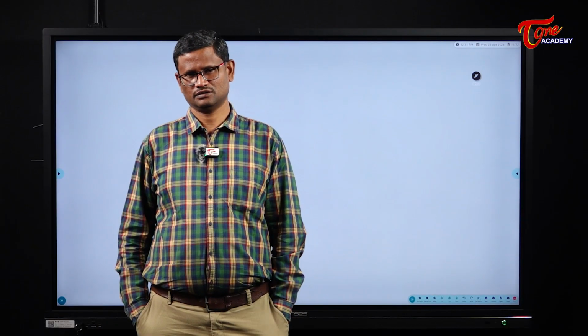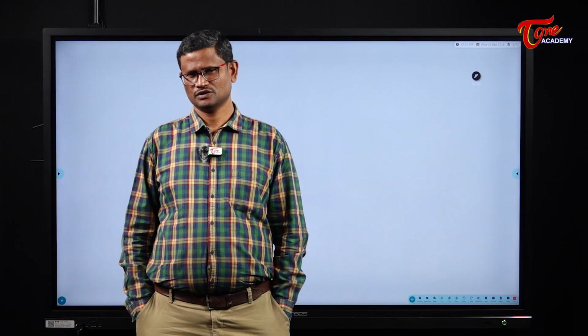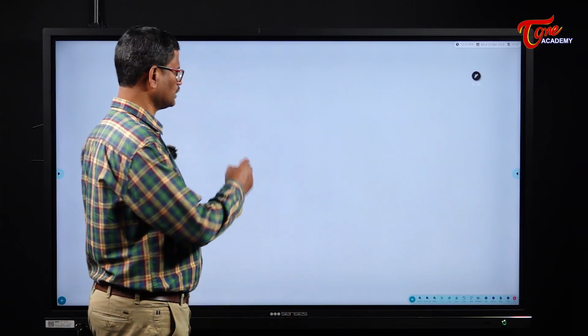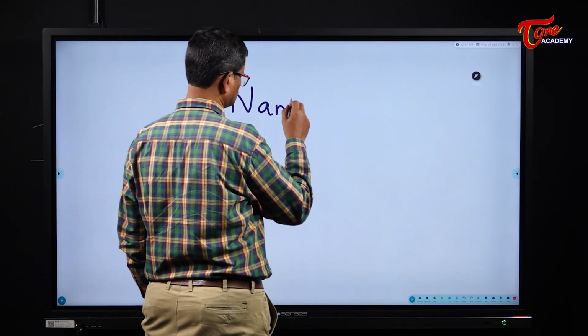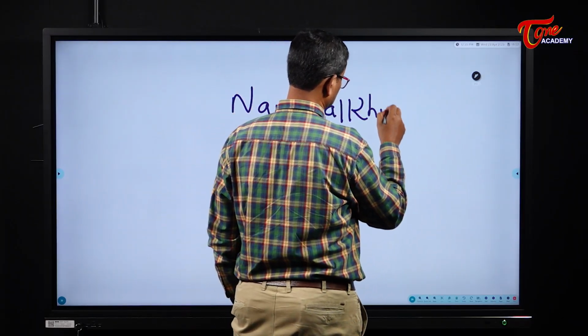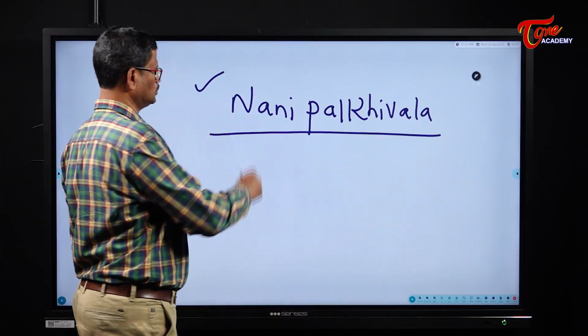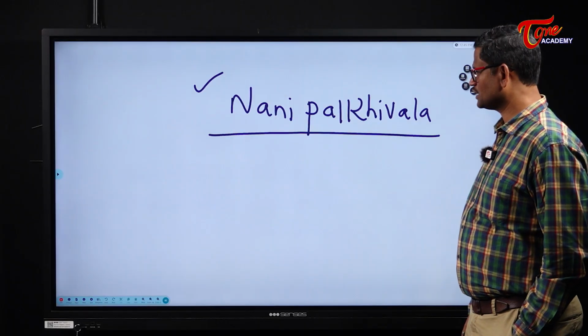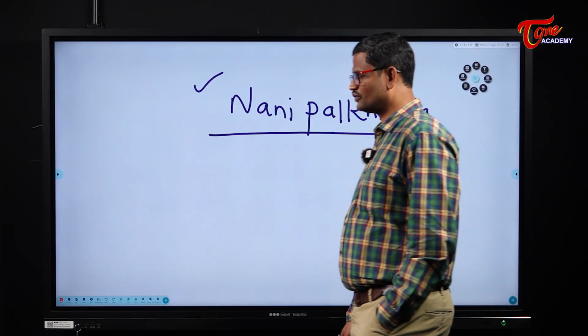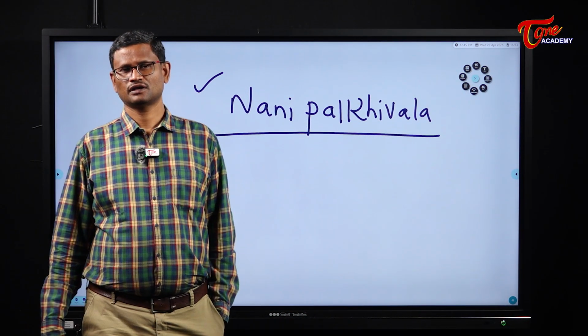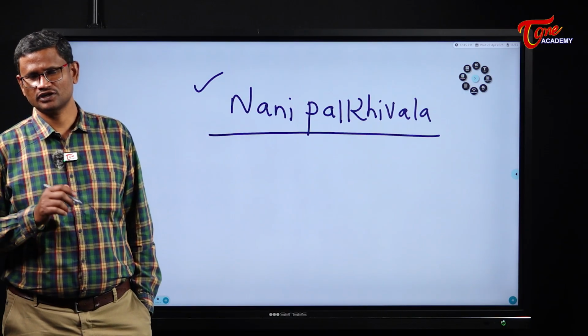The text of the Constitution starts with the preamble. What is the preamble? Nani Palkhivala defined the preamble as the identity card of the Indian Constitution.